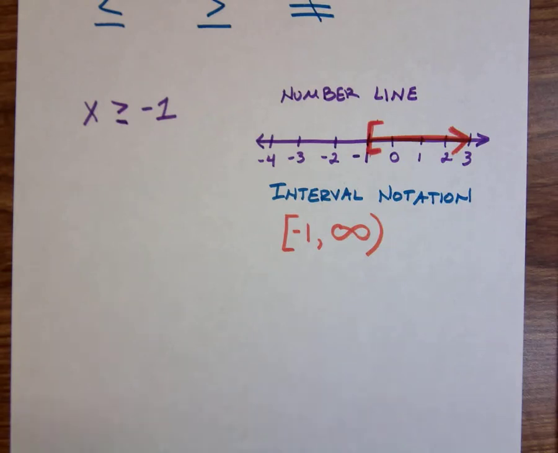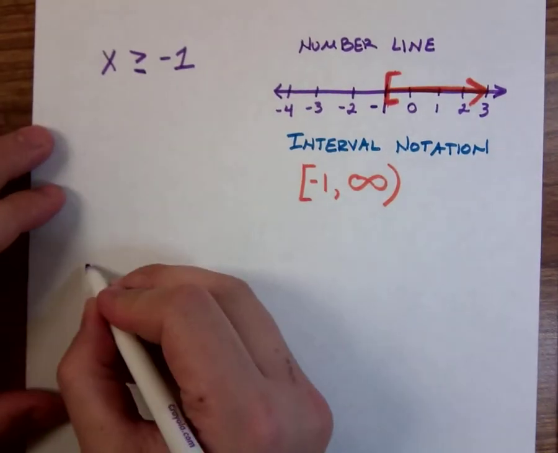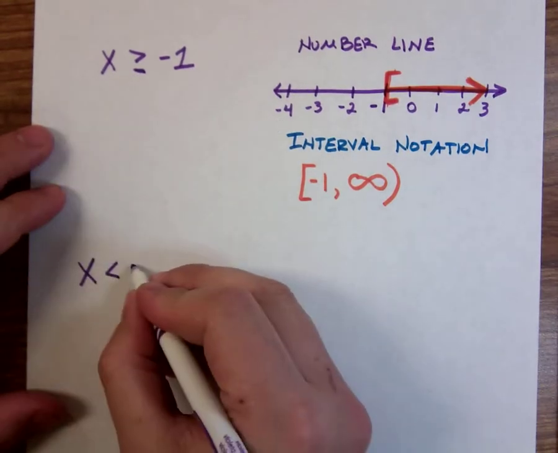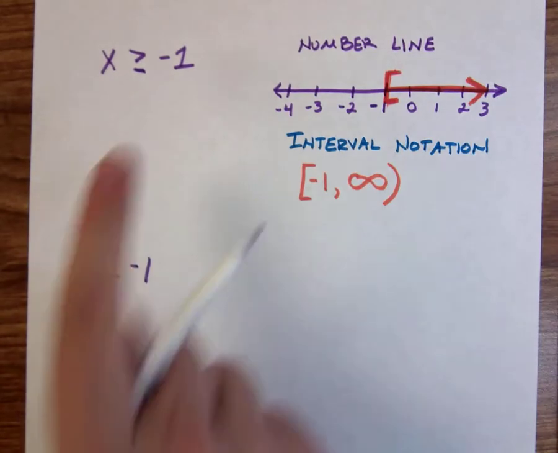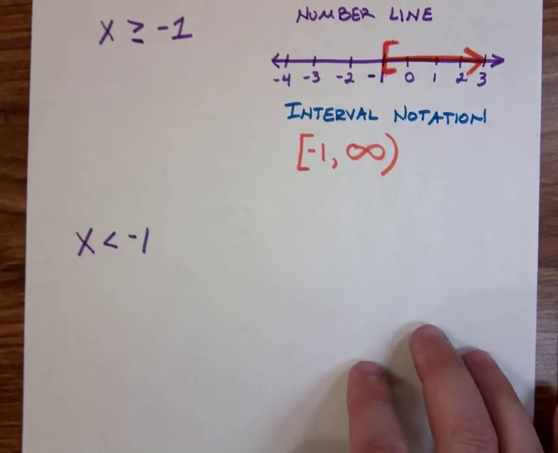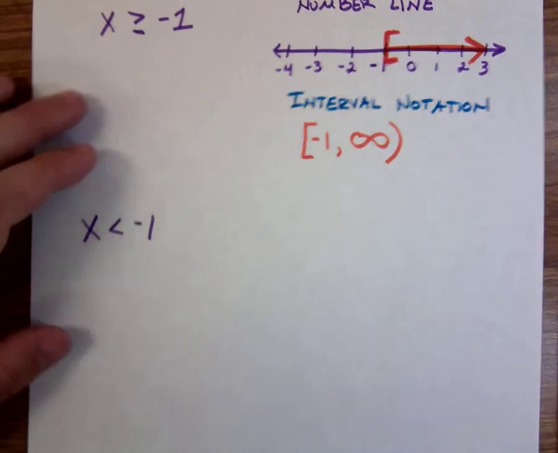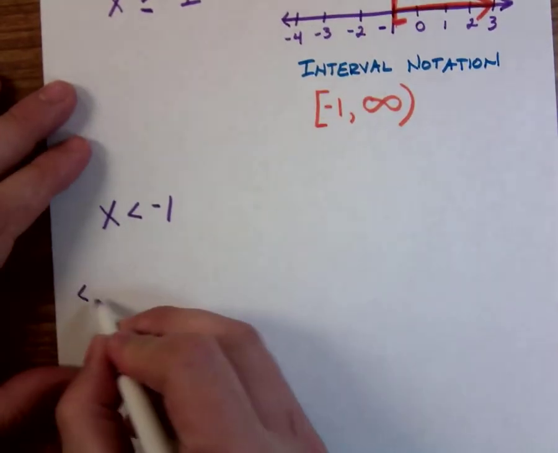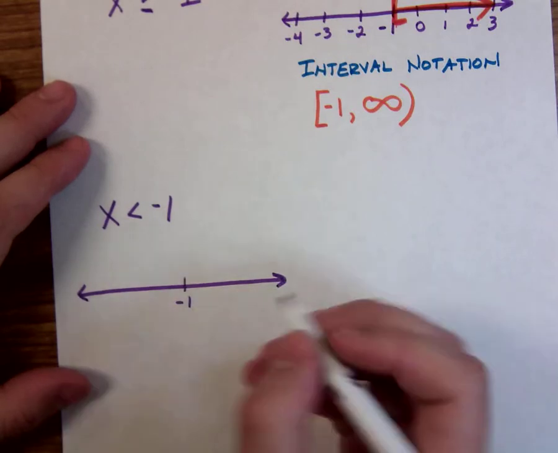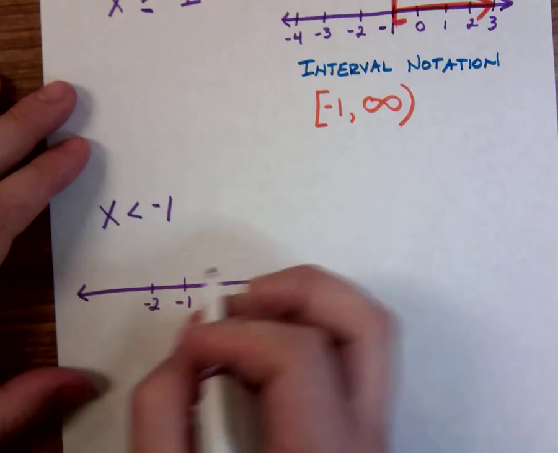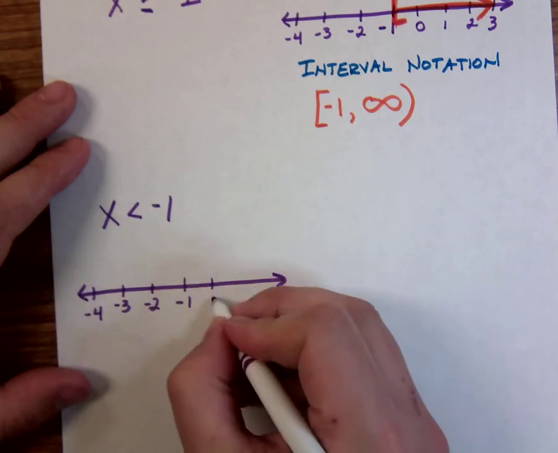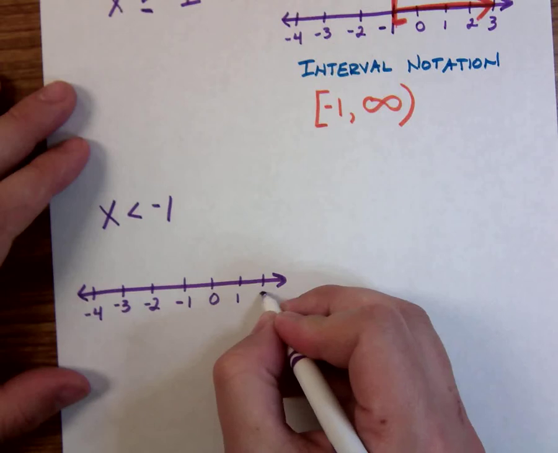So what would be different about this problem if instead of greater than, it was less than, and we don't put the equal to on it? Now what's different about this problem? Okay, so first we'll do the number line. Put -1 in the middle, which means below that is -2, -3, -4, and above that is 0, 1.